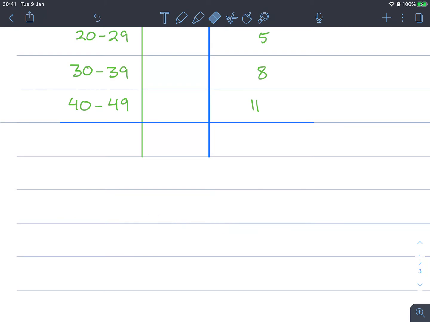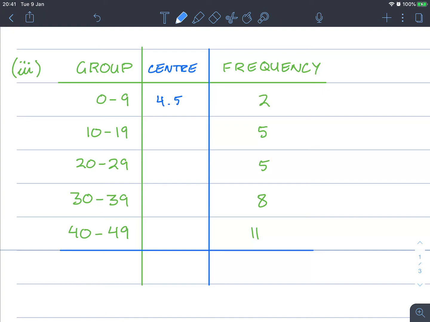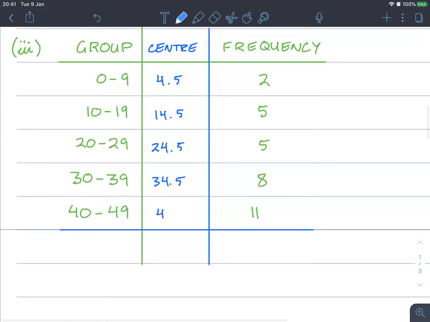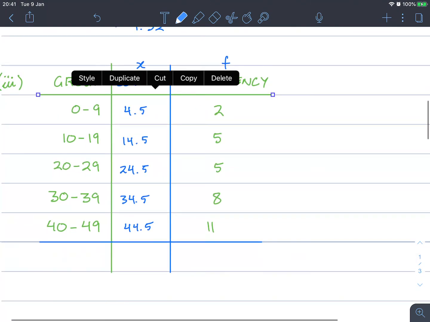If we were to do the same thing for each of these, between 10 and 19, we're going to get 14.5 as our group center. This will be 24.5, 34.5, and this will be 44.5. So this class center is treated as our X, and our frequency is F.